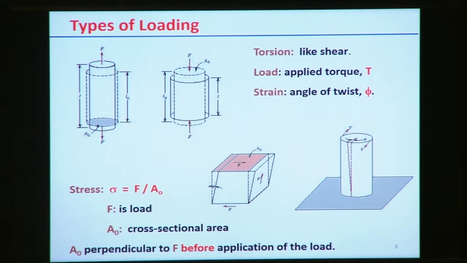If you look at the first figure, we see that a cylindrical bar is subjected to a load F, and there is some extension in one direction, but at the same time contraction in the radial direction. This type of loading we can call tensile loading.